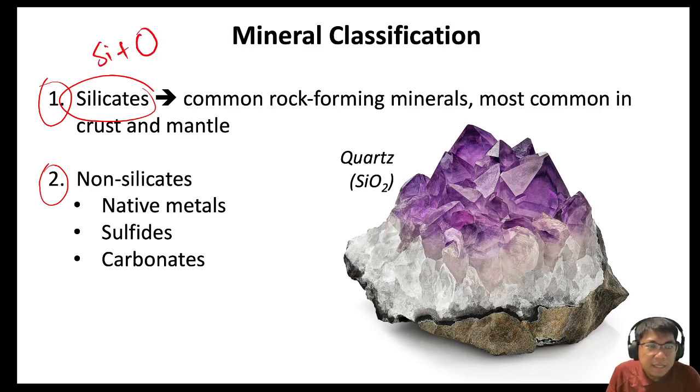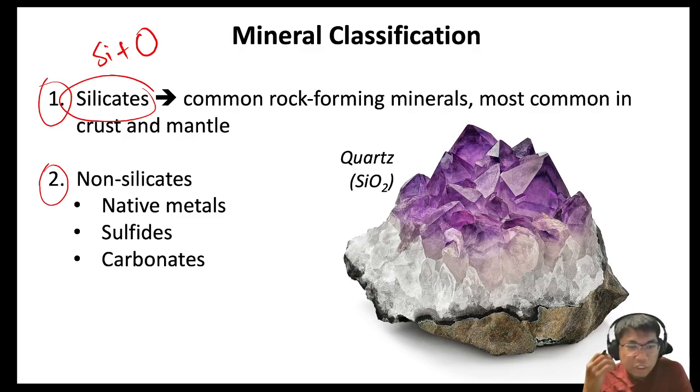Why I have to highlight silicates in this course is because silicates are very, very commonly found within the Earth's surface. They are common rock-forming minerals, most commonly found within the crust and mantle of the Earth.